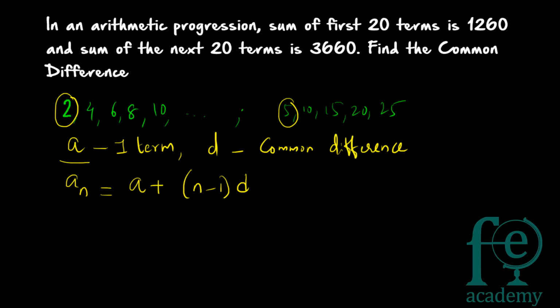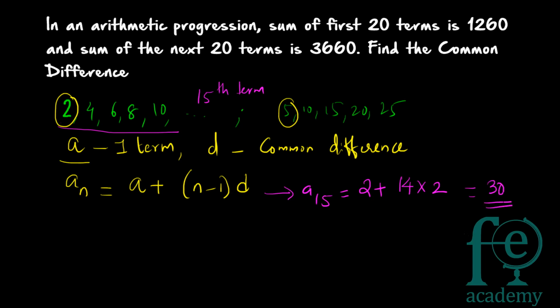For example, for the first series, you are asked to find the 15th term. A15 will be equal to the first term, 2, plus 15 minus 1, since n is equal to 15. 15 minus 1 is 14, and 14 into 2 is 28. So 28 plus 2 gives you 30. The 15th term will be equal to 30.